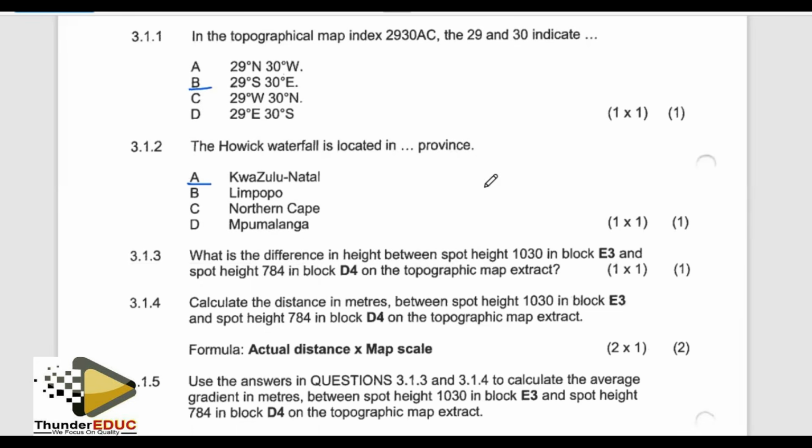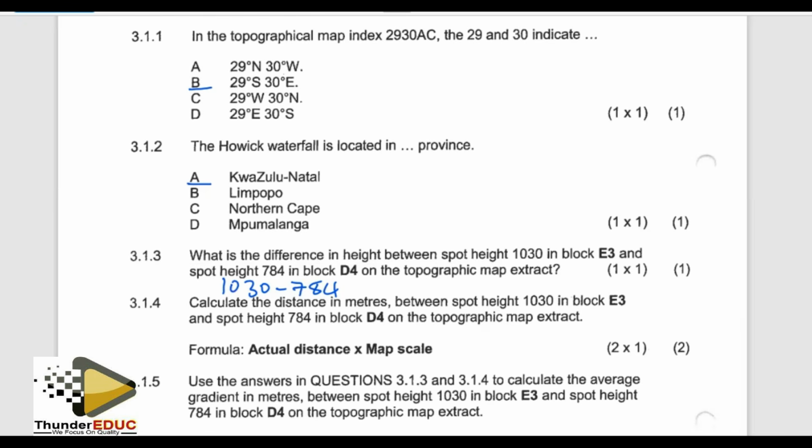3.1.3: What is the difference in height between spot height 1030 in block E3 and spot height 784? For this case we just subtract: 784 subtracted from 1030.